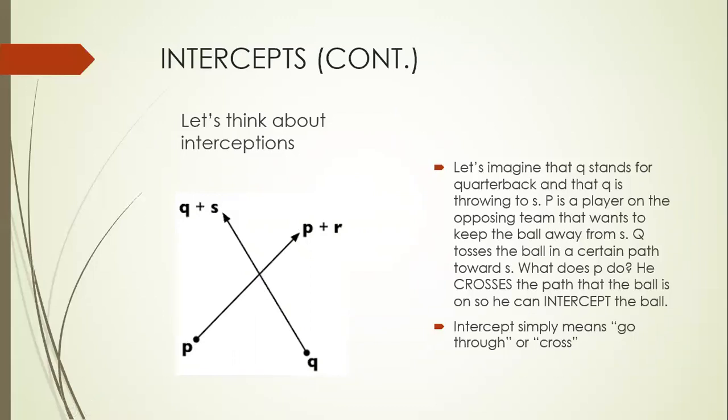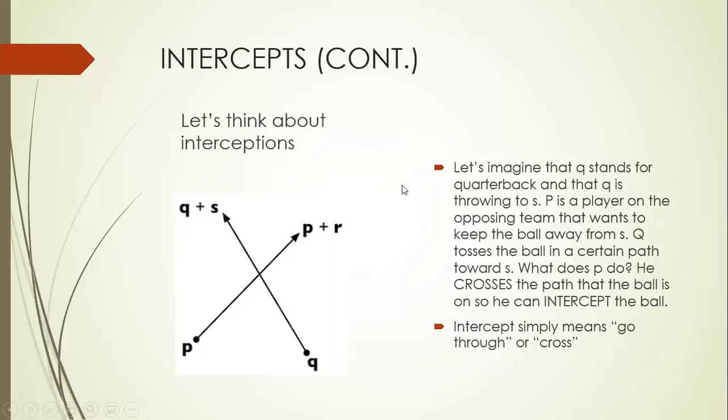The path the ball is on is right here. The ball is going in this direction. Pat crosses the path right here, intercepts the ball and runs in a different direction. He crosses the path that the ball is on so that he can intercept the ball. Intercept simply means to go through or cross. That is what intercept means.